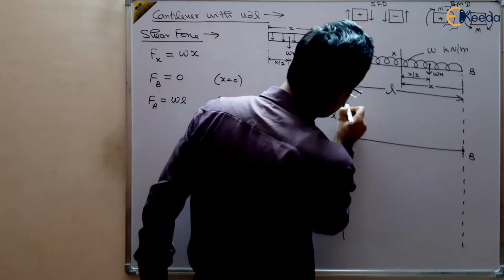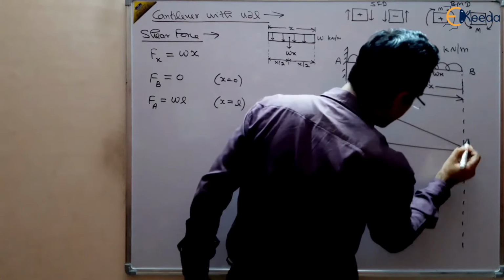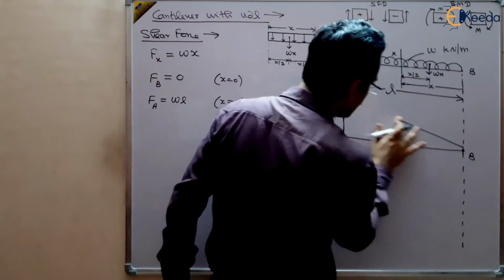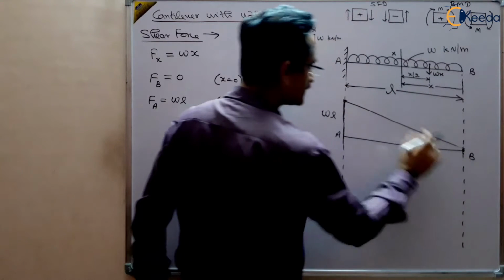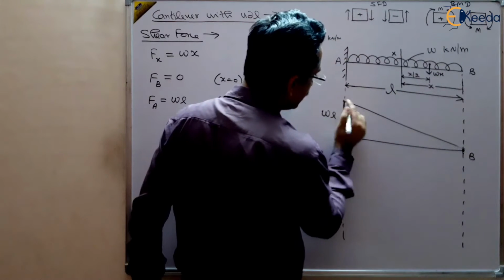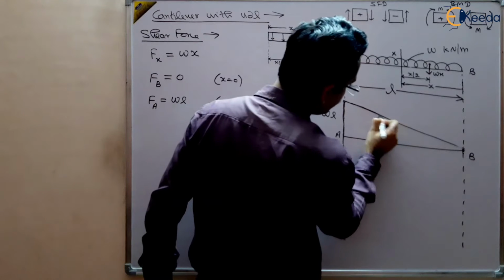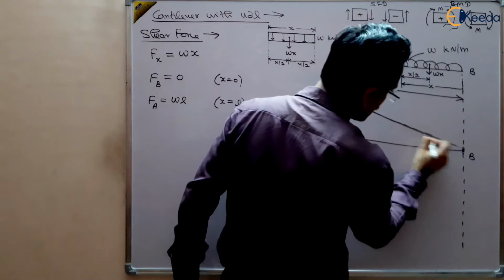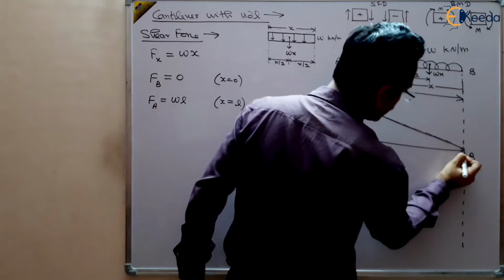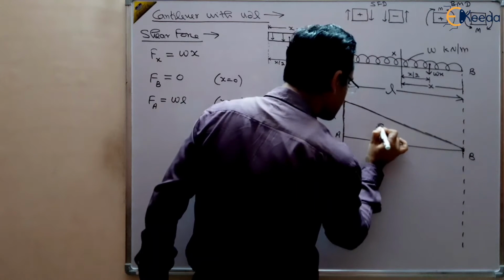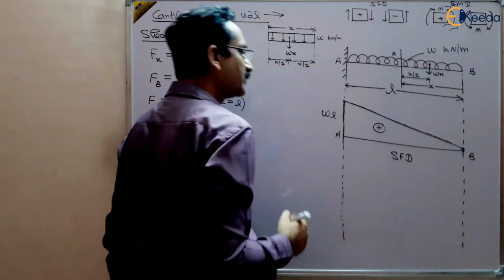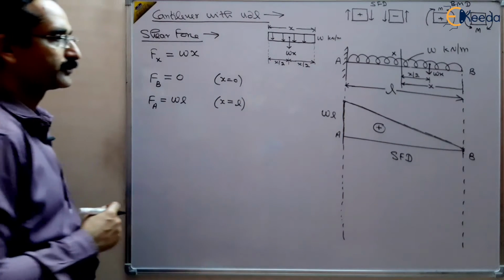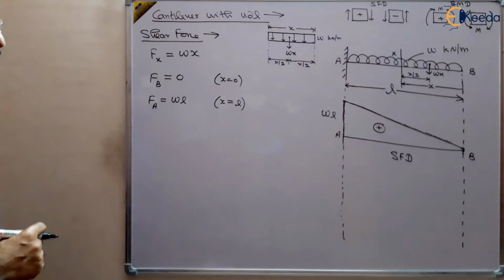Draw a straight line matching with the B point, and you will get your shear force diagram. It is a straight line, and it is positive. So this is our shear force diagram for a cantilever beam with UDL. It's so easy to draw.